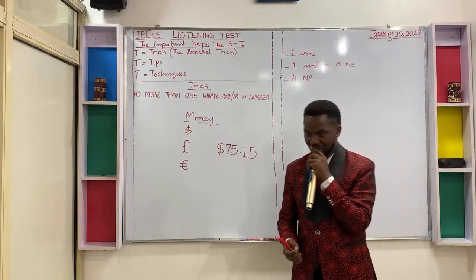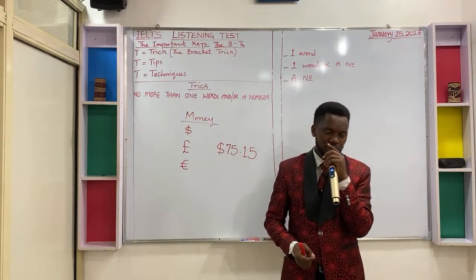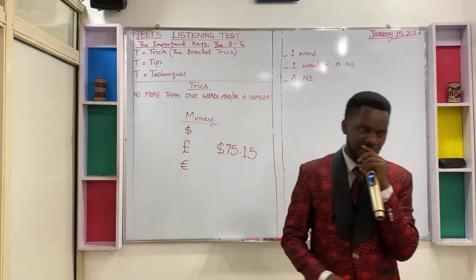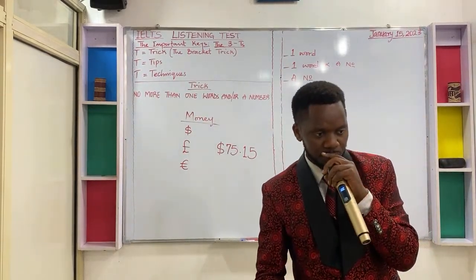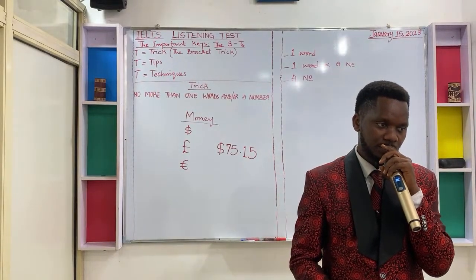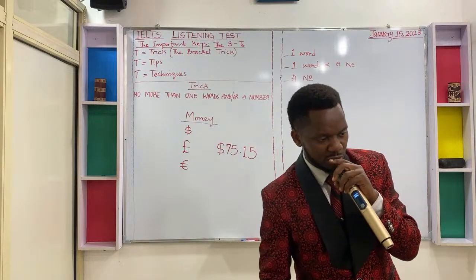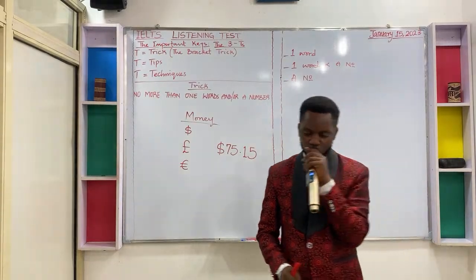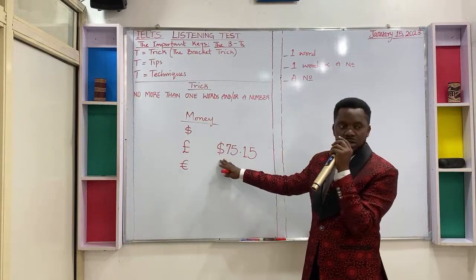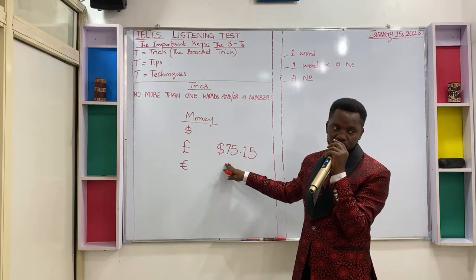Please, do you understand this? If your question paper does not show the dollar symbol or the dollar spelled in words, then the audio would give it to you and then you're meant to write it.